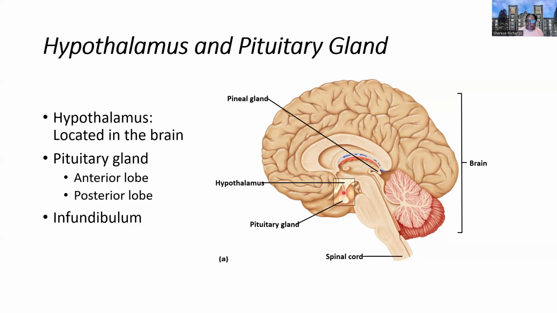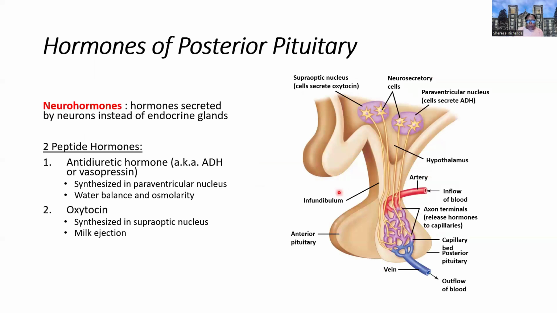The pituitary also has 2 lobes, as we just mentioned, anterior and posterior, and then it has the infundibulum, which is that stalk-like connection. When we think about the posterior pituitary, the axons from the hypothalamus, so here's the hypothalamus, here are these nuclei, which again are clusters of cell bodies, and these axons project through the infundibulum down to the posterior pituitary, and it prompts the secretion of hormones from the posterior pituitary.